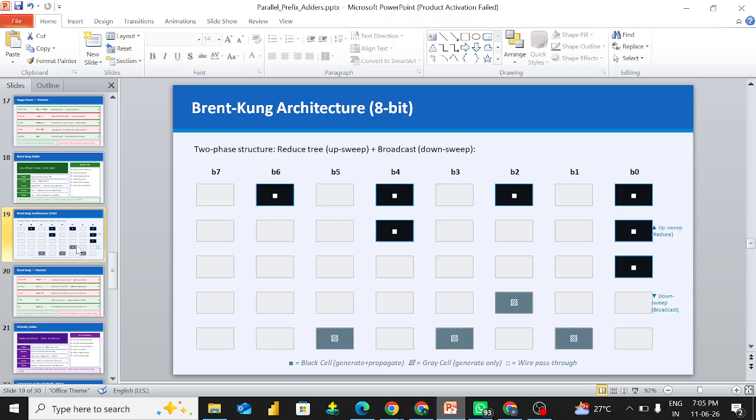You are going to collect information, like how the mountain looks from above. After coming down, you are going to distribute that information, right? The view you got and how it felt to climb that mountain, you share with others. Those are the phases used inside this Brent Kung architecture.